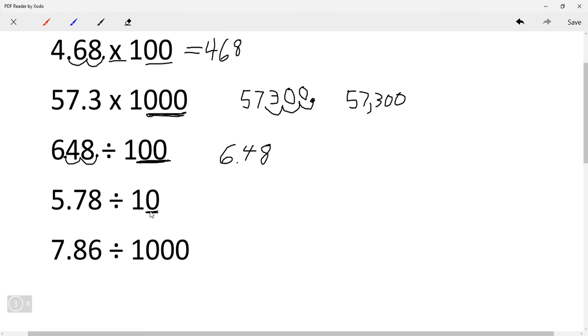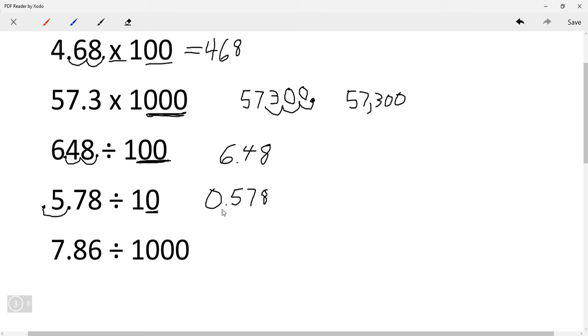Now, we're dividing, so we're going to move left. And we're only going to hop 1 time because there's 1 zero in 10. So 5 and 78 hundredths becomes 578 thousandths. Okay, now I added a 0 in the ones column here just to show that there's a 0 there.